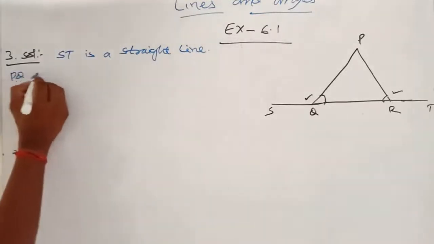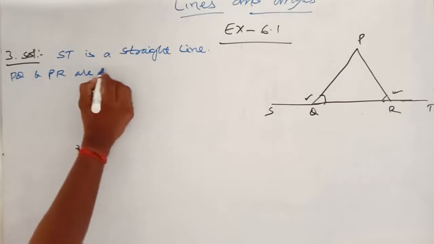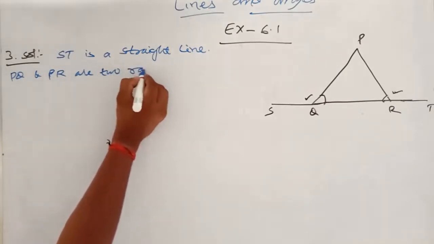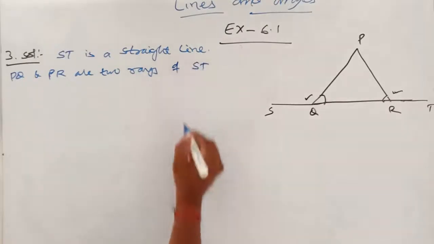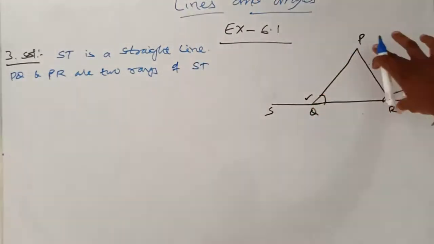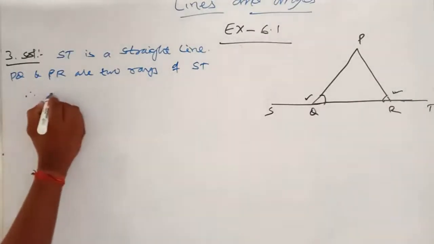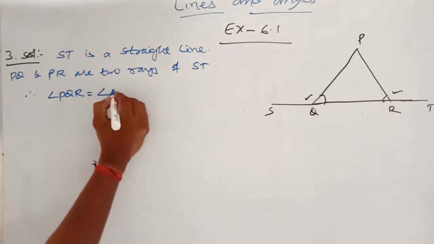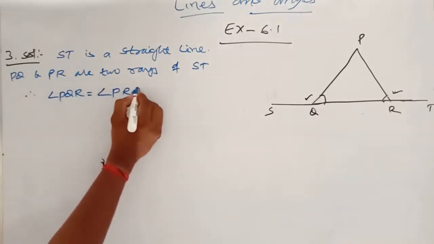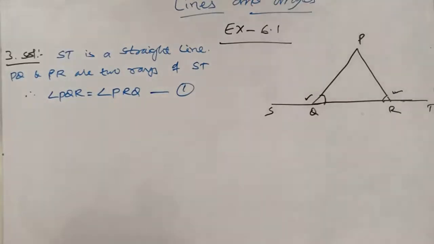Now PQ and PR are two rays on ST. And one more condition is given, angle PQR is equal to angle PRQ. This one I am taking as the first equation.